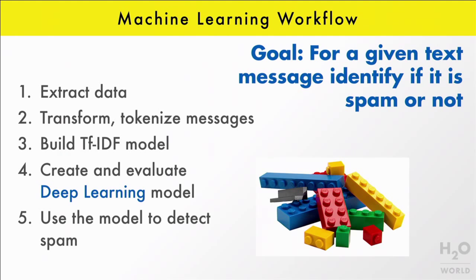And this model gives us a numeric representation for textual messages. So the input is text messages, but the output of the TF-IDF model is numeric vectors. And that's a perfect job for H2O. At this point, we'll employ the H2O deep learning model builder to build an H2O model, and as the last step, we'll create a simple method to use the model and predict or classify new incoming messages.